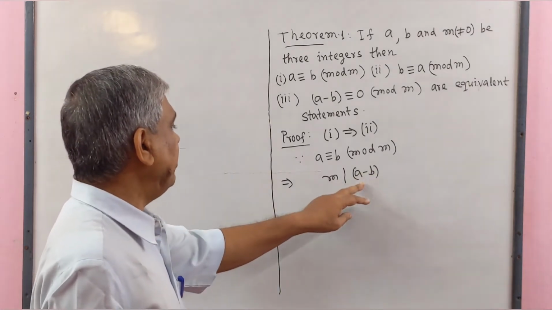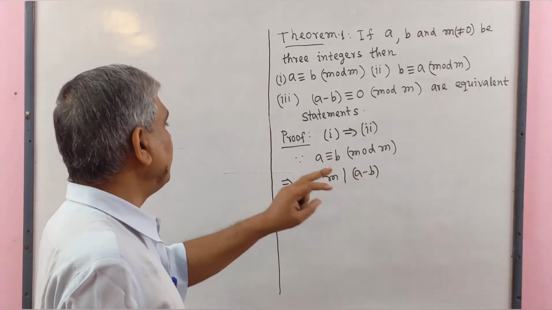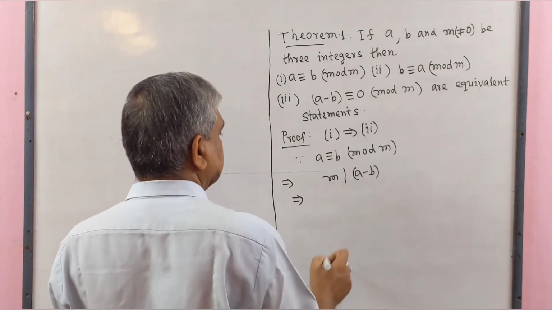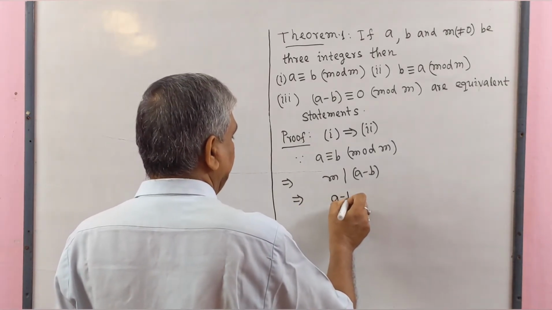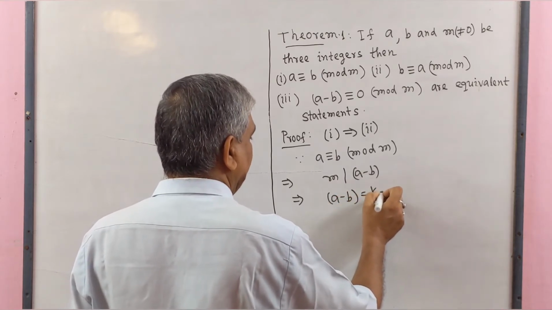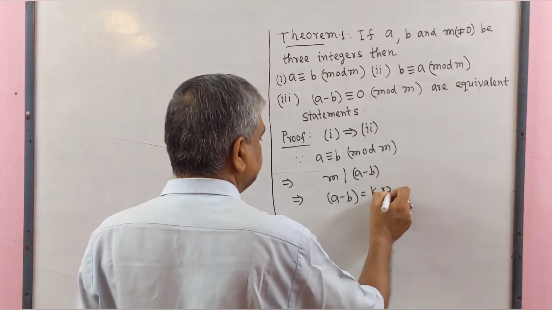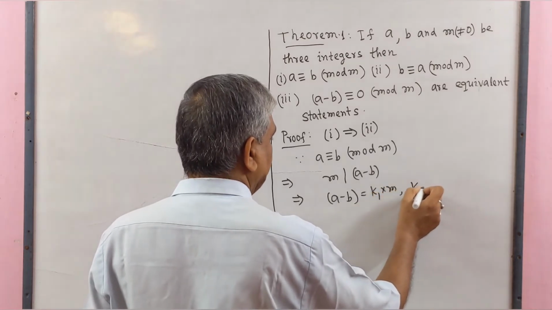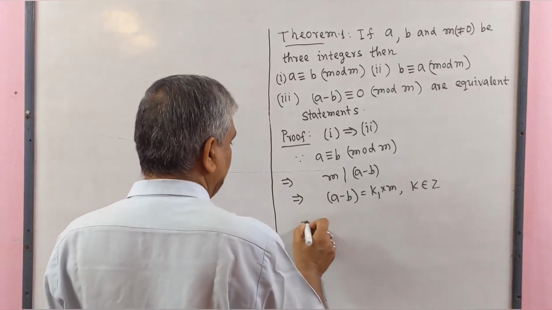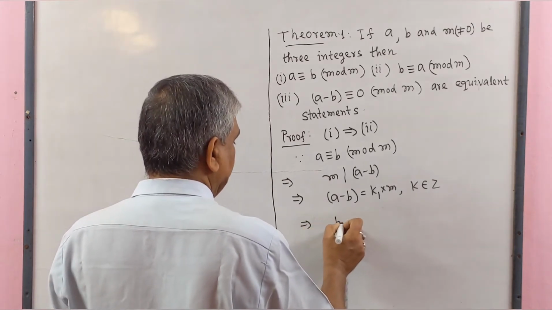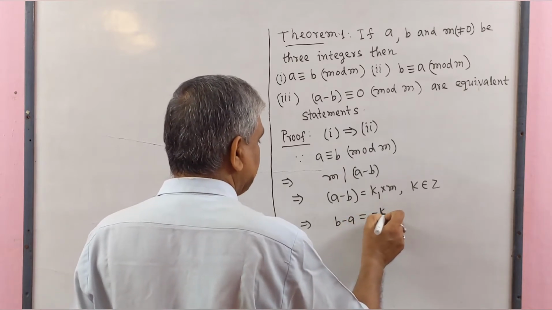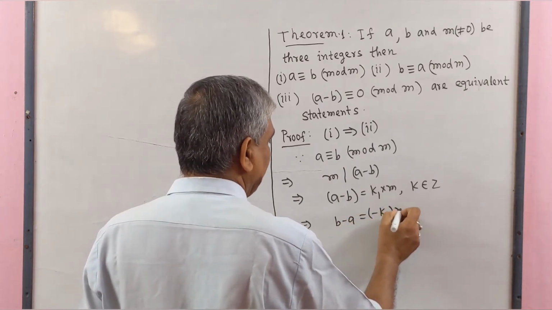That is, a minus b is divisible by m, which implies that a minus b equals an integer k1 multiplied by m. Since k1 is an integer, this implies that b minus a equals minus k1 multiplied by m.